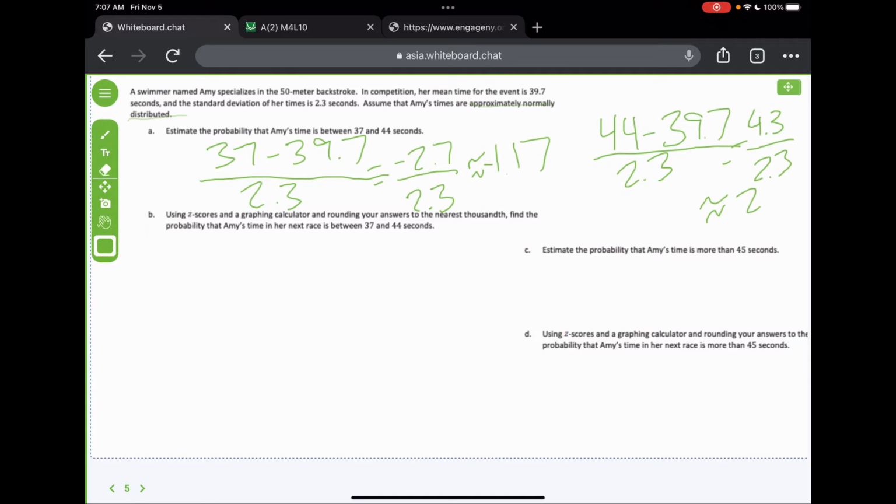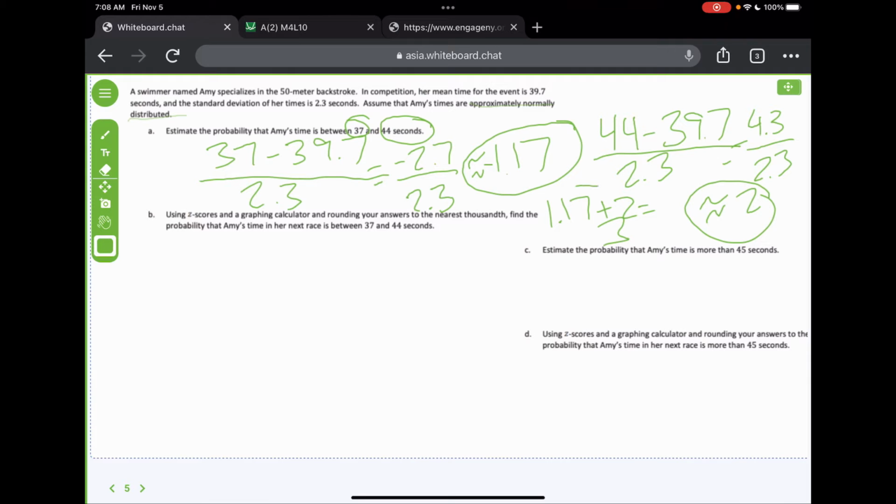So if we are to combine these now, because this is how far she is below the mean when we're talking about the 37, and if we're talking about the 44, she's above by 2. So if we combine those, we really don't care about this being the negative other than the fact that it's on the other side of the mean. So if we were to combine these, let's say 1.17 plus 2, she has a range of about 3 standard deviations.